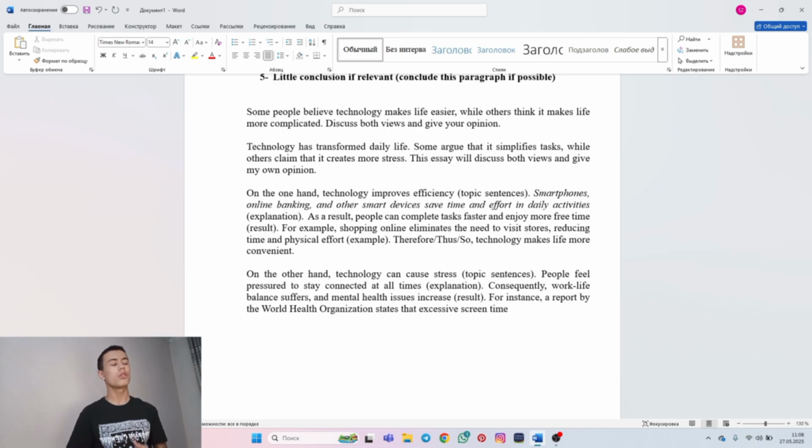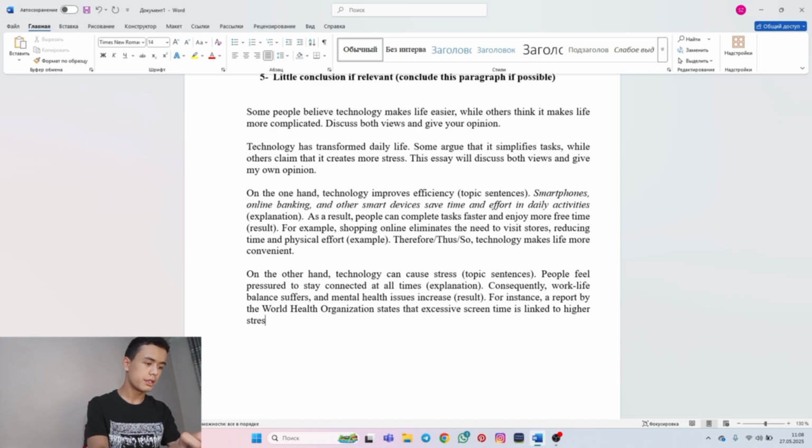For example, we always use our phone or laptop, and this leads us to having a high screen time. Screen time is linked to higher stress levels.